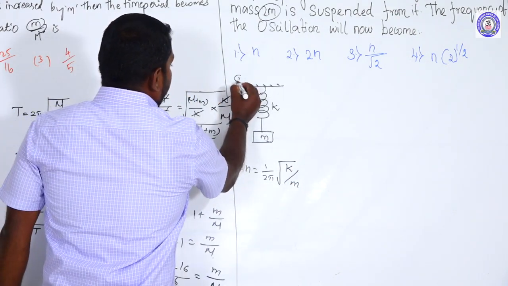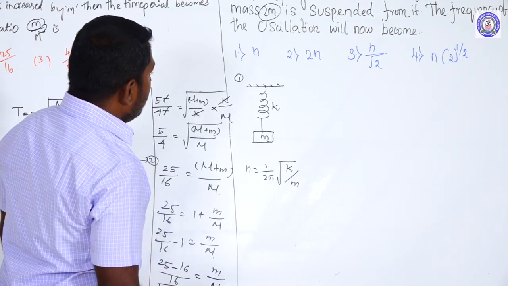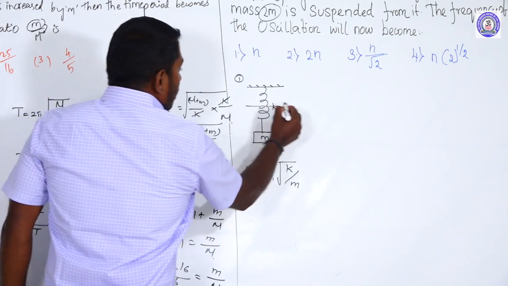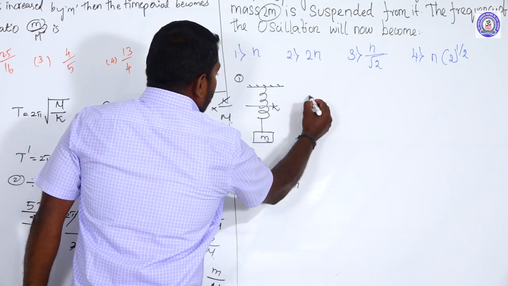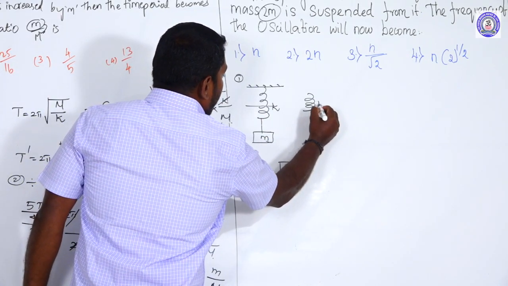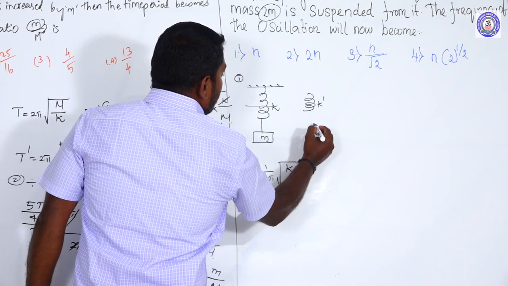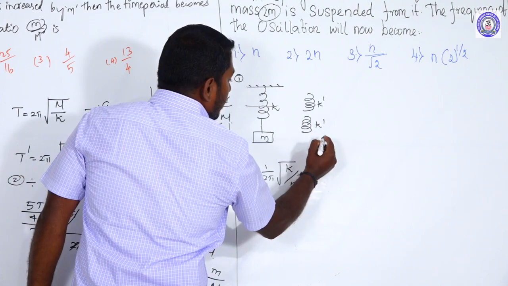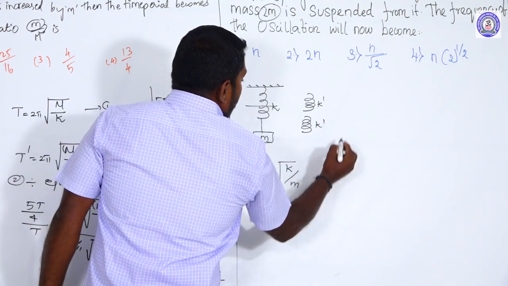It is the first case. In the second case, now the spring is cut into two equal halves. The first half has a spring constant K prime, and the second half has the same spring constant K prime.